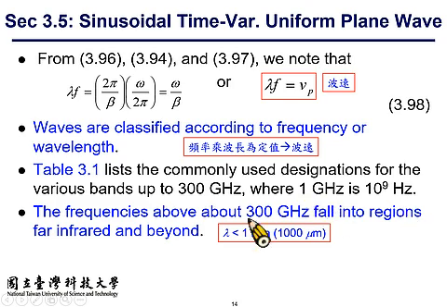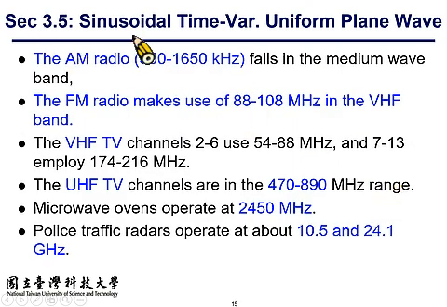And here, in the next slide, is the name for the frequency bands that are commonly used. So for AM radio, it's in the region of a little bit greater and smaller than 1 megahertz, which is about 500 to 1600 kilohertz. Frequency modulated radio, FM, is assigned as 88 to 108 megahertz, which is also referred to as the VHF band.